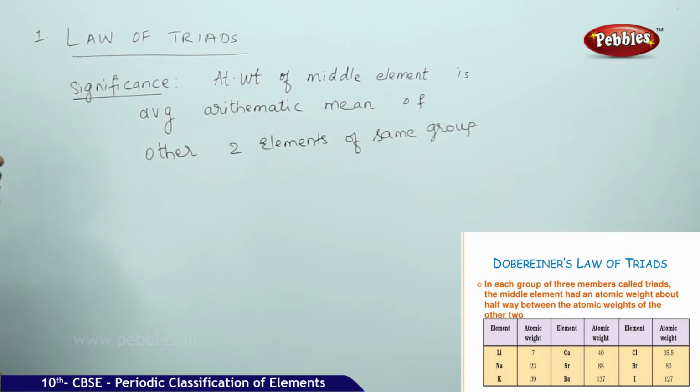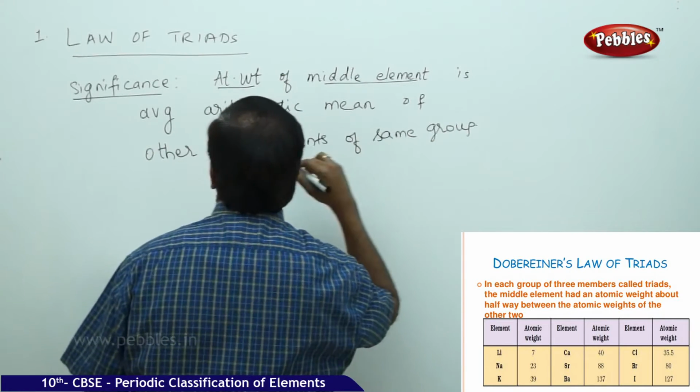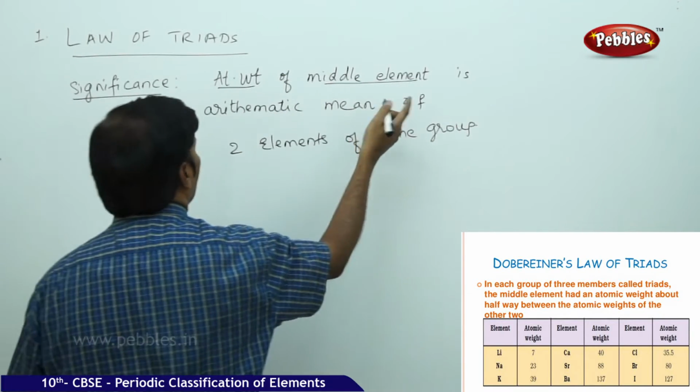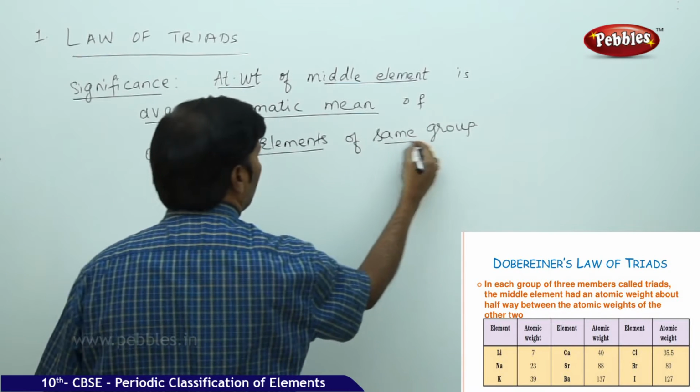This is the law of triads. That means we are calculating the atomic weight of the middle element, which should be equal to the average arithmetic mean of the other two elements belonging to the same group.